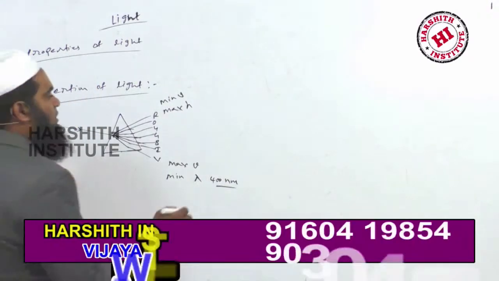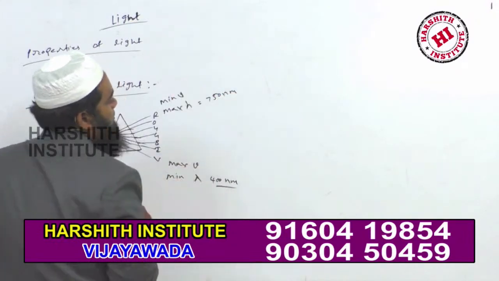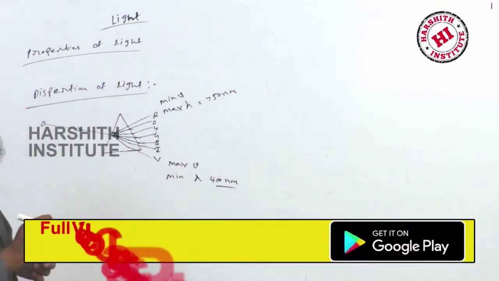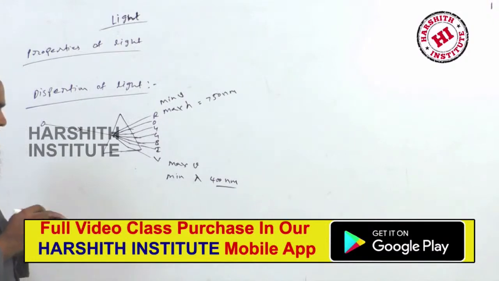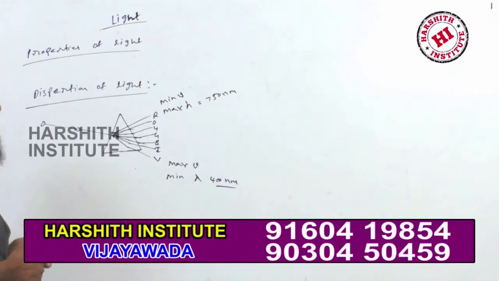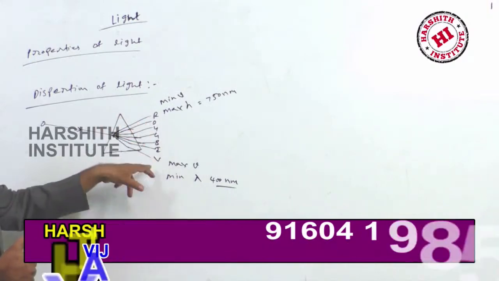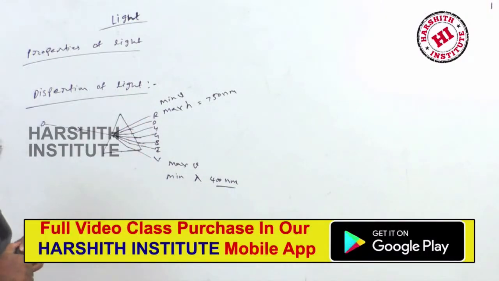And the maximum wavelength will be here 750 nanometers. So here violet contains maximum frequency and minimum wavelength. Red contains maximum wavelength and minimum frequency. So these are the reverse properties, both violet and red also.